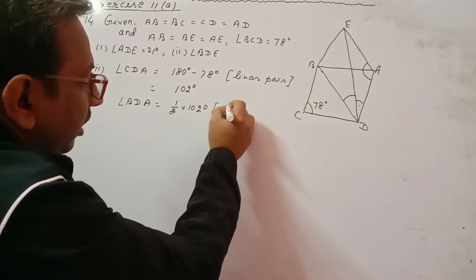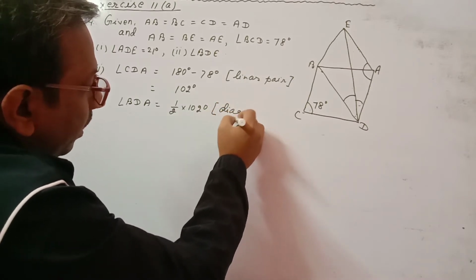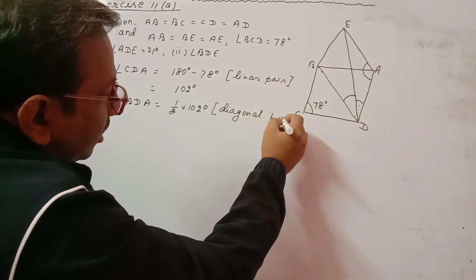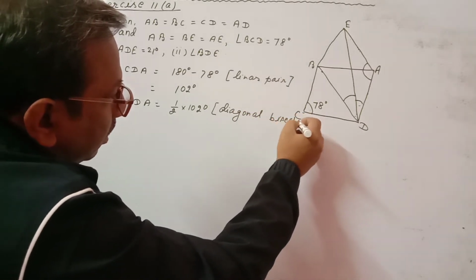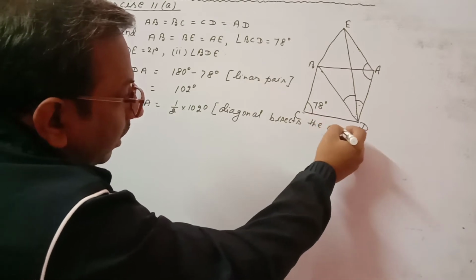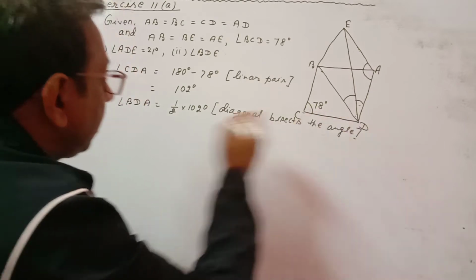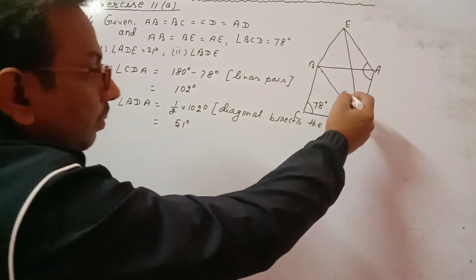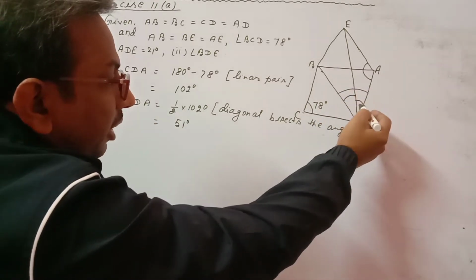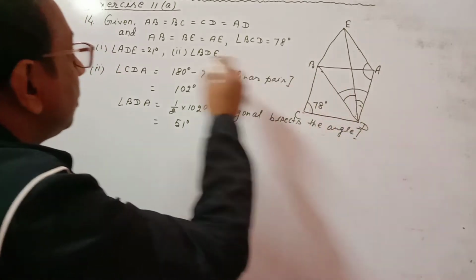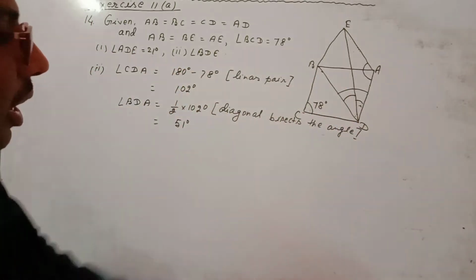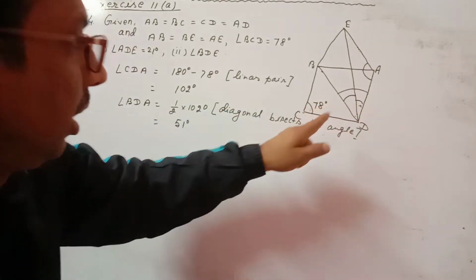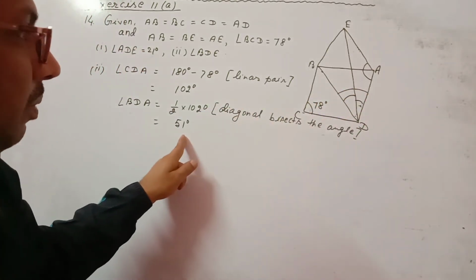Reason is the diagonal of a rhombus bisects the angle. Now this you calculate, you are getting 51 degree. So from here to here this became 51 degree, and this much we have already got equal to 21 degree. As this angle became 21 degree, so this will also be 21 degree, and this complete angle we got 51 degree.